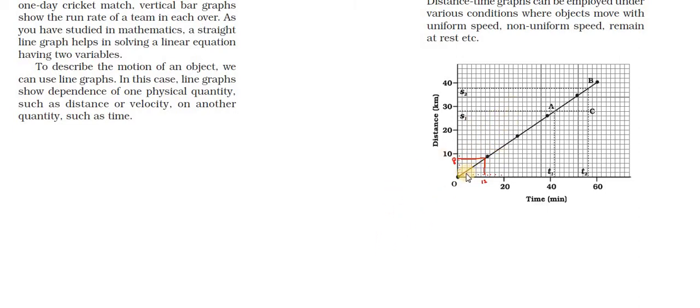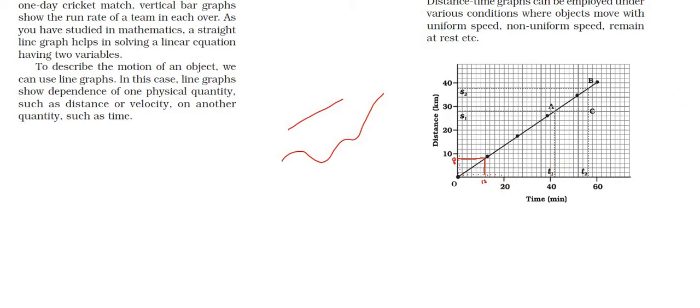Now if we see this straight line, we may say that the object is traveling in uniform motion. In a graph, if we get a straight line like this, we can say it is uniform motion. But if we get a curve graph, we can say it is non-uniform motion.